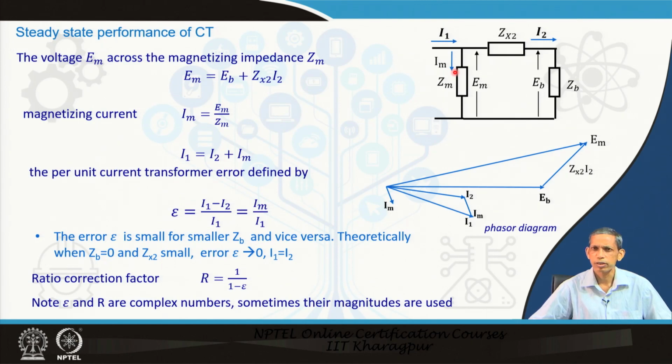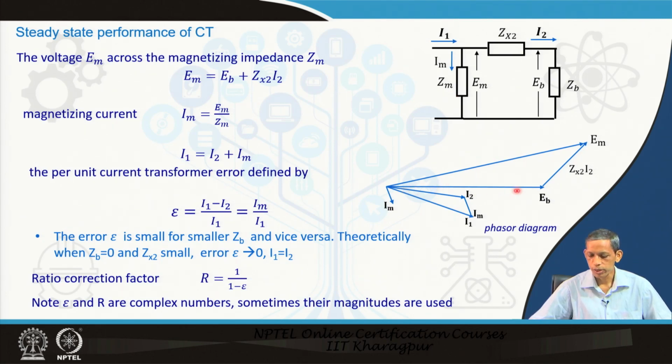Any transformer has a certain magnetizing current component, because it has a magnetic core. So, this I2 goes to the burden, and accordingly the burden to the CT will be there. For this case, let us see the corresponding phasor diagram.